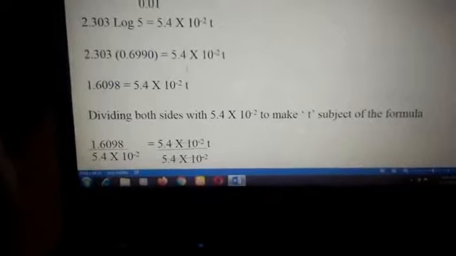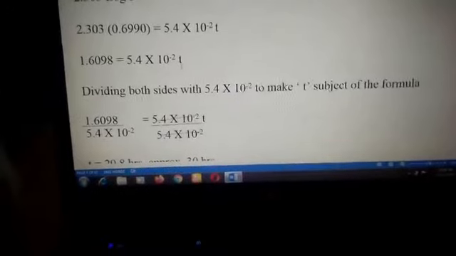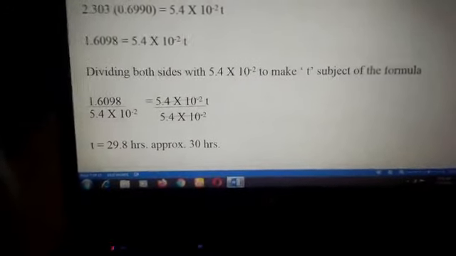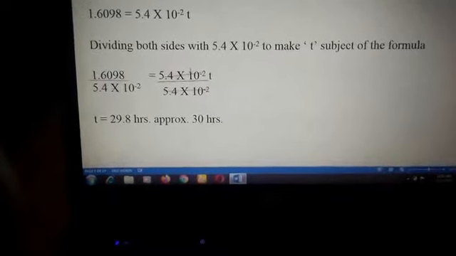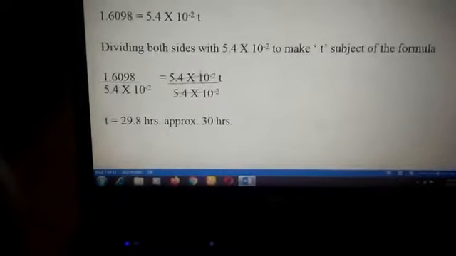We now make t the subject. How do we make t the subject? Divide both sides by 5.4 times 10 to the power minus 2. So we now have 1.6098 all over 5.4 times 10 to the power minus 2 on the left hand side.